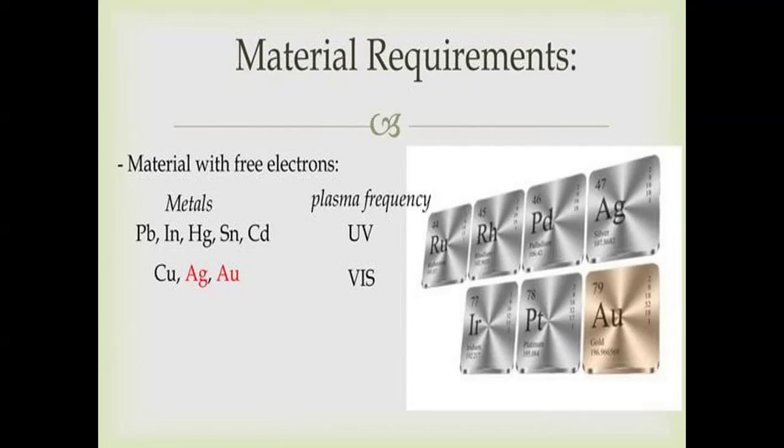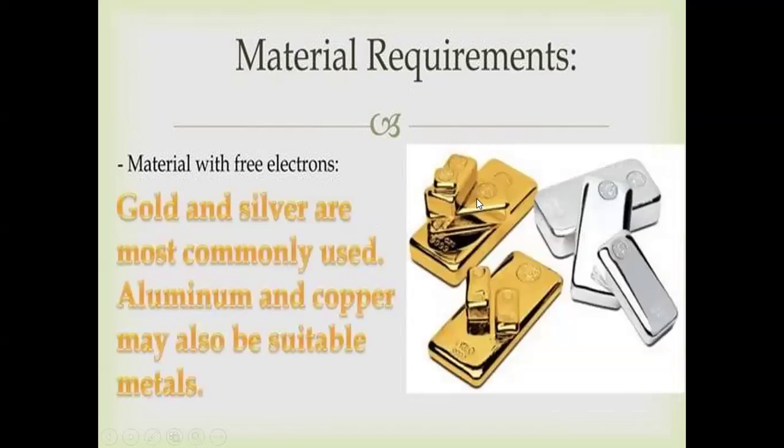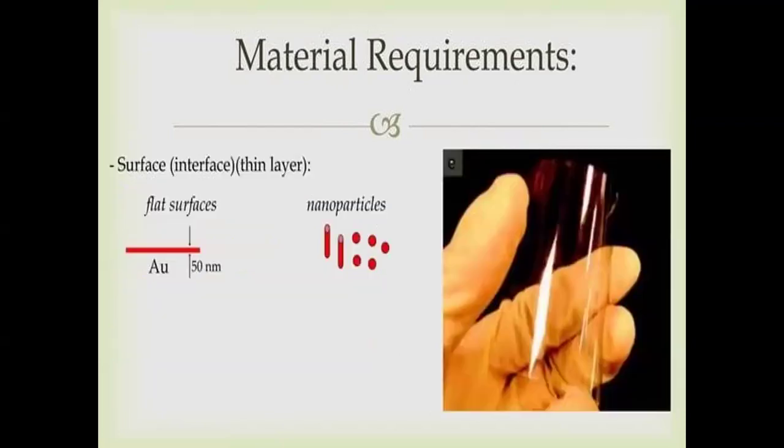So for those reasons, we are using silver and gold. Aluminum is sometimes used based on the reflection capacity, but these two metals are used in pure form, without any alloys, in sensor making.